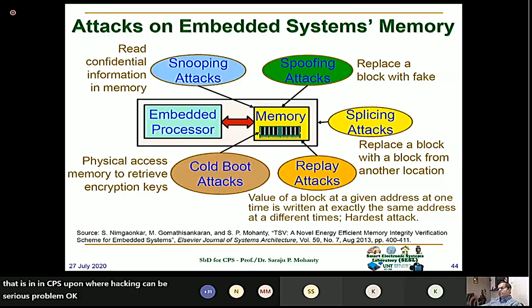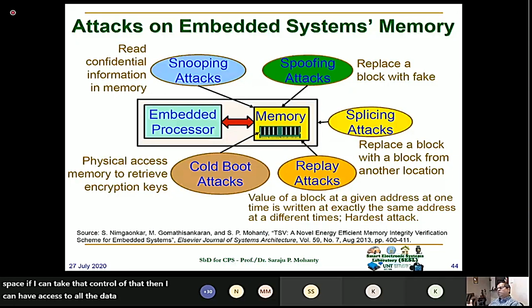And memory as a component, though we just discussed firmware on the previous slide, memory can be attacked in many ways. Thinking very simplistically, wherever data stays, if I can take control of that, then I have access to all the data.